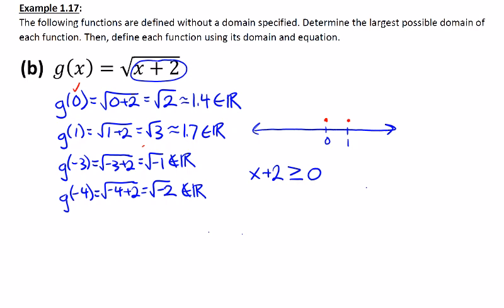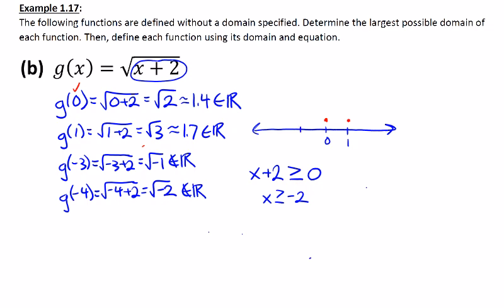It allows anything positive or anything that is 0 to be underneath the radical there. So by setting up this relationship, I can then subtract 2 from both sides to get that x has to be greater than or equal to negative 2.